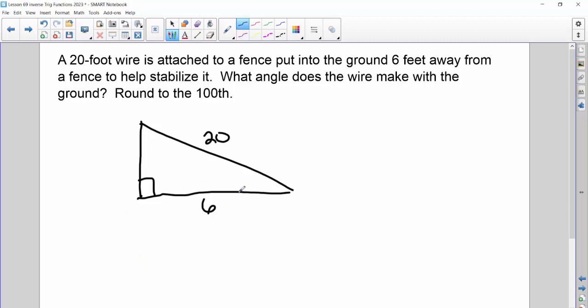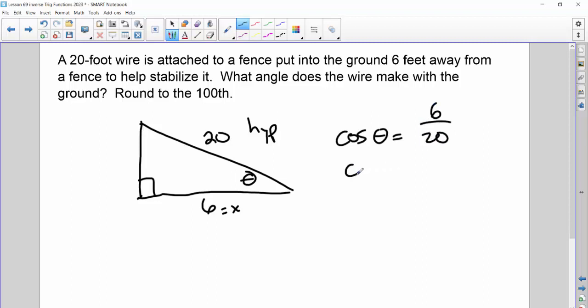We want to know what angle that wire makes with the ground. Now in this case, we aren't given the opposite, we're given the hypotenuse and the x value, or the adjacent value.